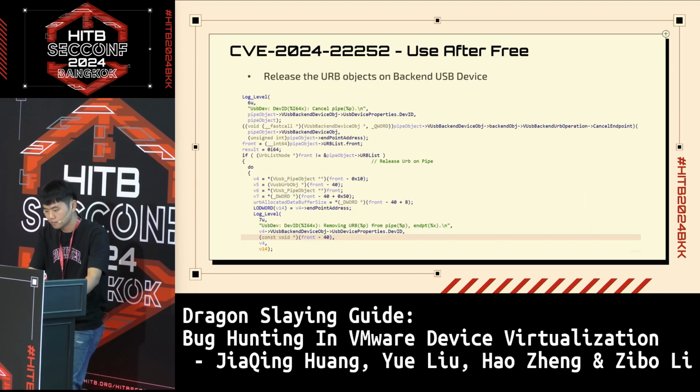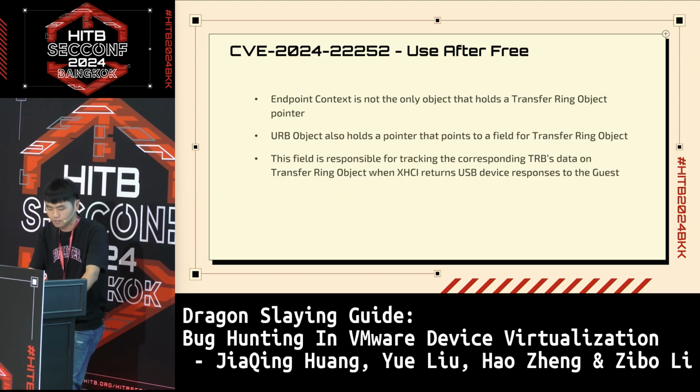Also, it will release the possible URB objects on the backend USB device in case there is a dangling pointer on the backend USB device. It seems there is no problem here. However, actually the URB object could become a dangling pointer.